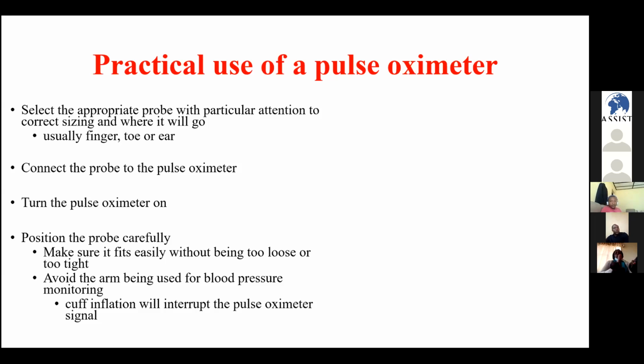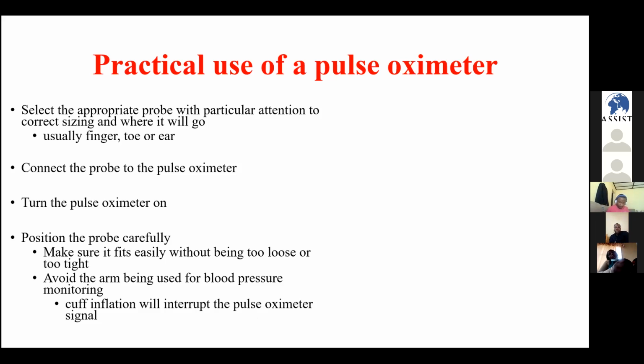Then you have to connect the probe to the pulse oximeter, then turn the pulse oximeter on so that it can start to do calibration internally. Then you position the probe carefully by making sure it is fitting well on the patient's toe or finger or tip of the ear.